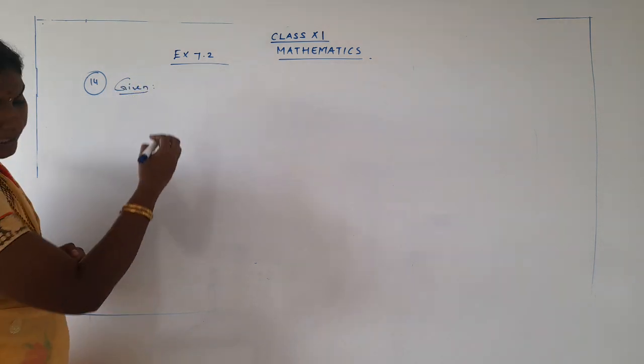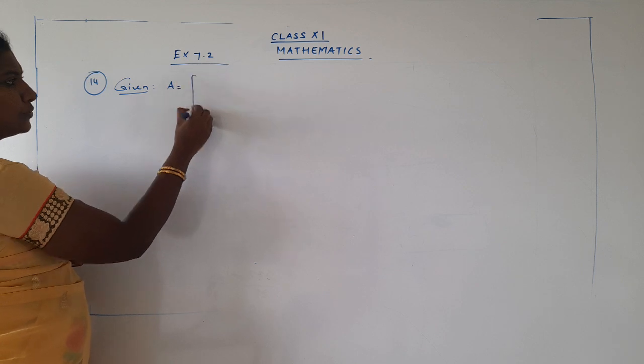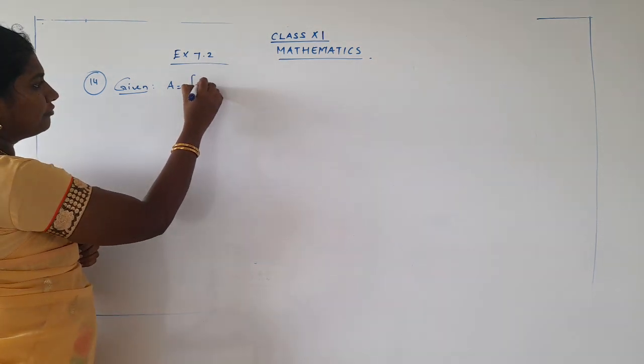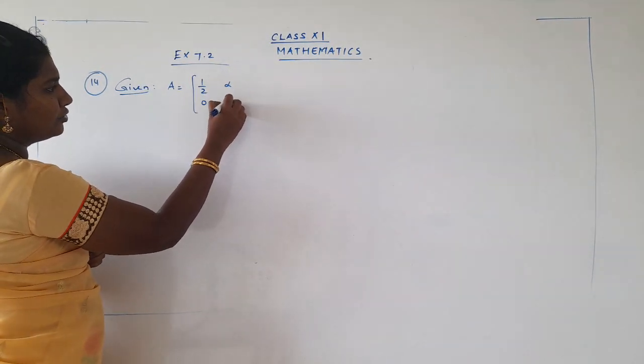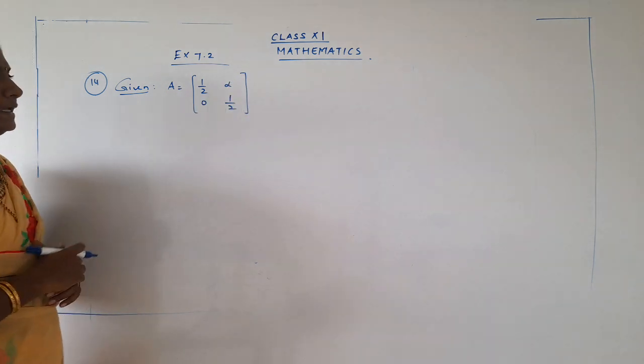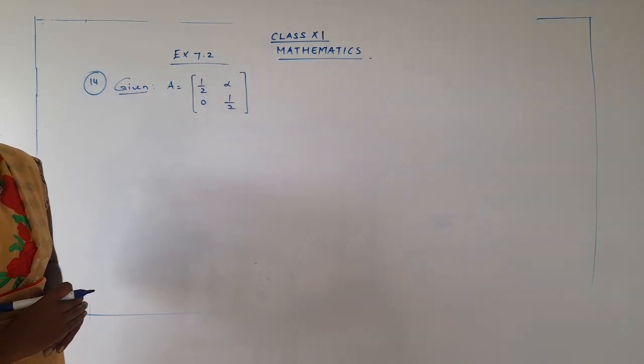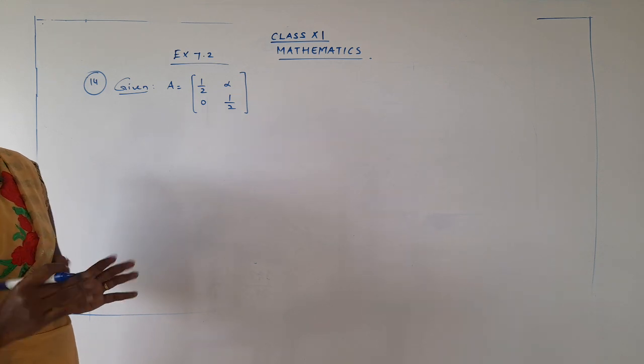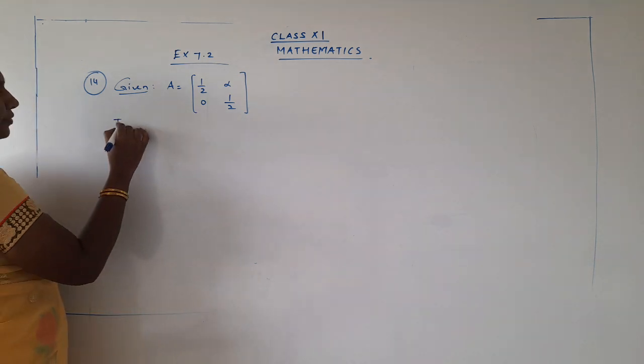Given A is equal to the matrix half, alpha, 0, half. And now what you have to prove over here?